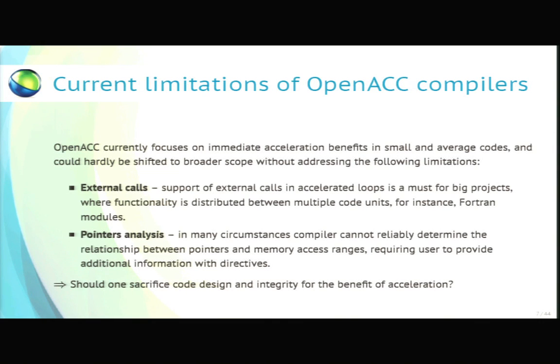So this is a very simple example just to show you that it works. But it would be more interesting to look at how we can improve current OpenACC compilers' limitations. I think the two most important limitations of OpenACC are currently the absence of external call support and poor pointer analysis. Let's see the examples.